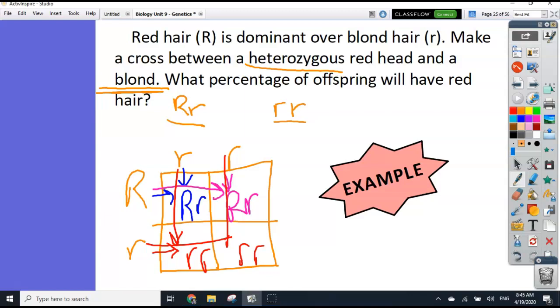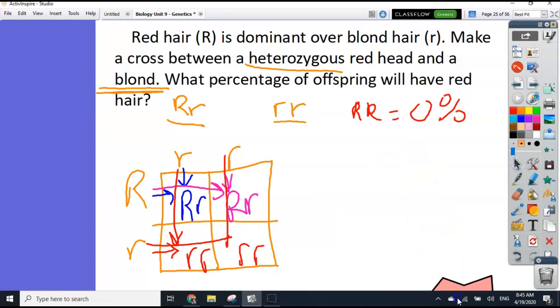So let's figure out our percentages then, okay? How many of them ended up being big R? 0. So what would that be as a percent? Just 0%, right? How many of them ended up being big R, little r? We've got 2.